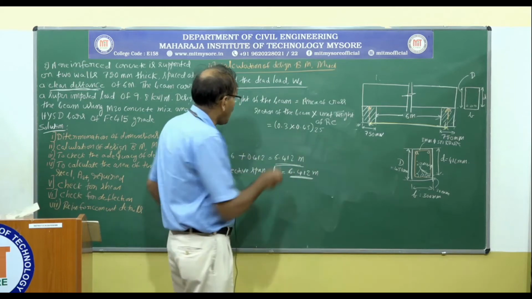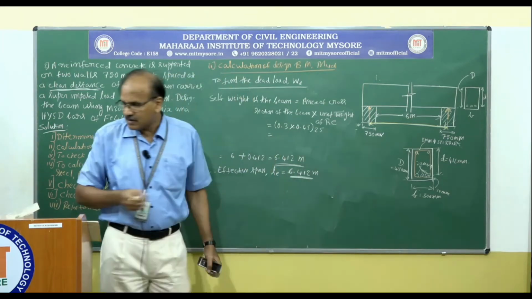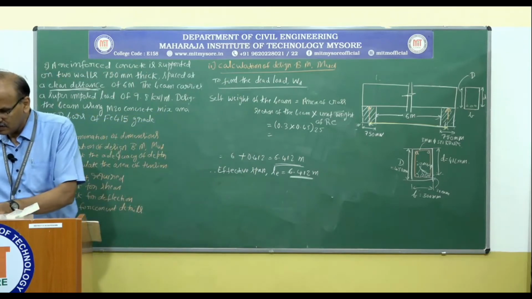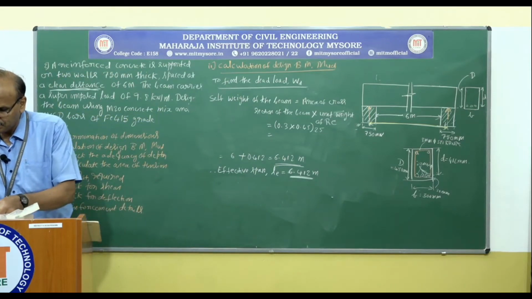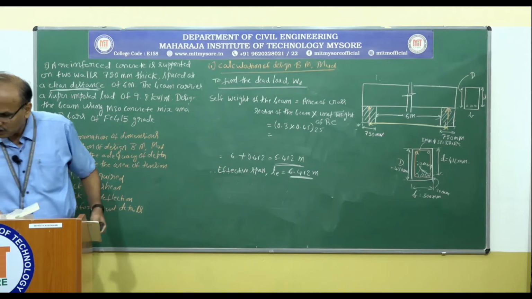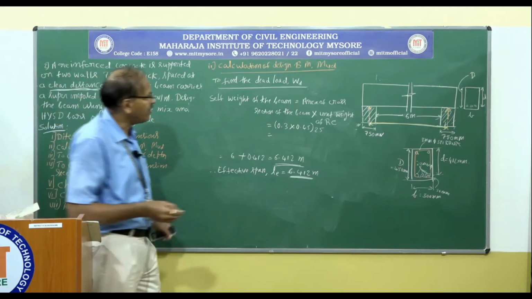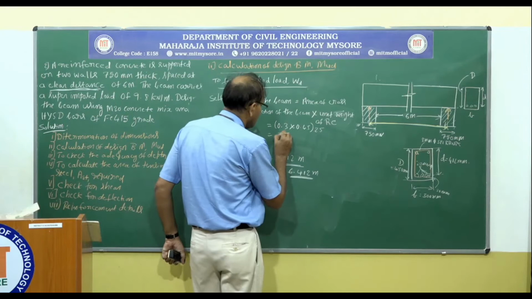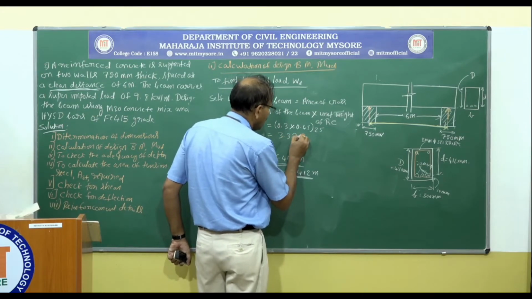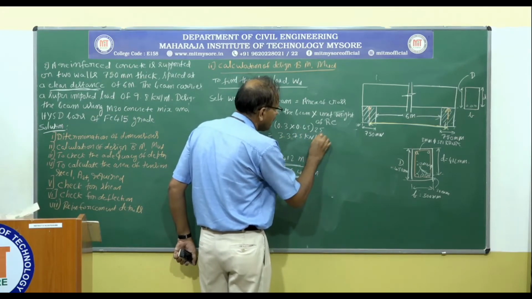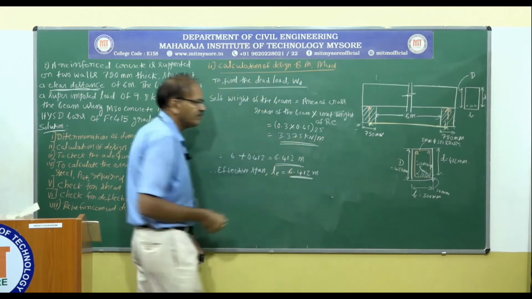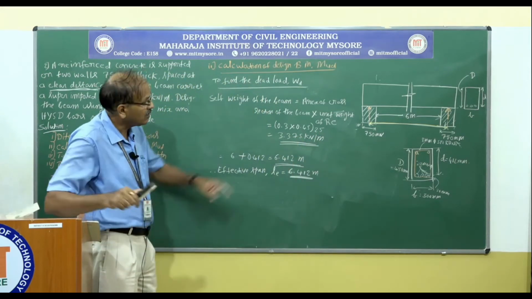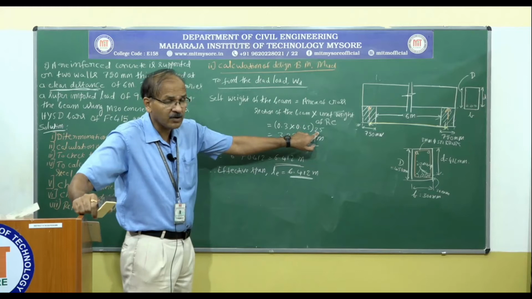Okay. So after simplification, you are going to get the value equal to 3.375 kilonewton per meter. I hope you understood. This is kilonewton per meter cube.